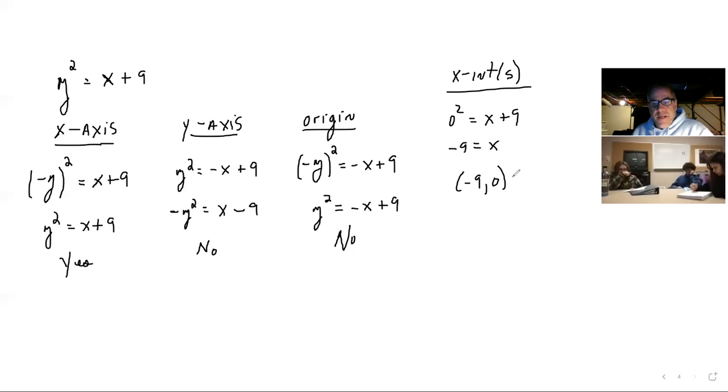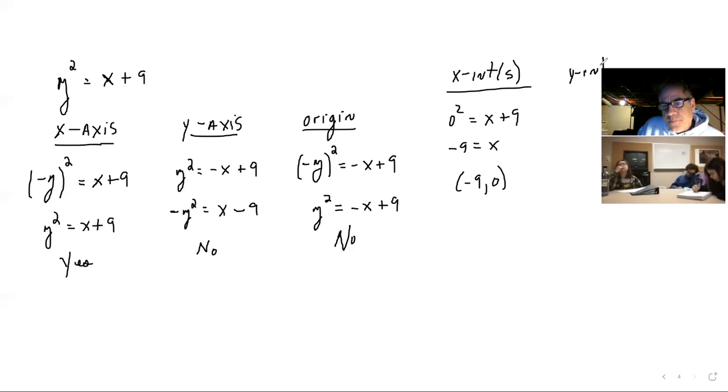Or it could just say type in an integer or a rational number or a decimal rounded to whatever place value, in which case you're just putting in the number where it crosses the axis, not actually listing it as an ordered pair. So make sure you read, and you're going to see in that homework set, some problems will ask for ordered pairs, some will not.